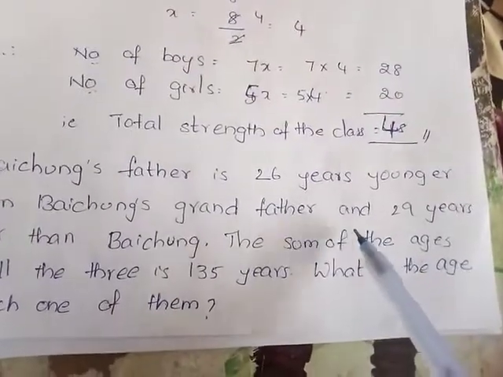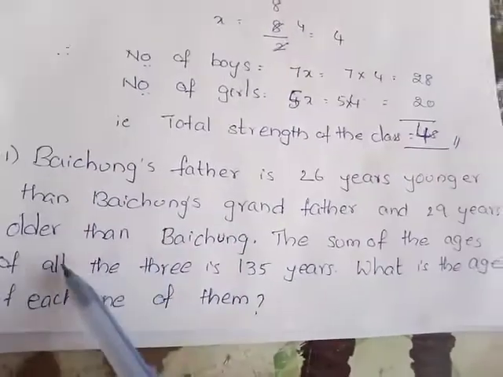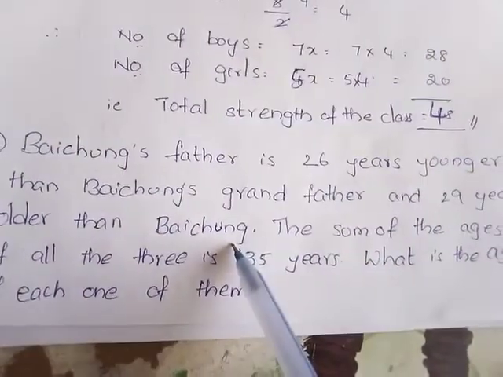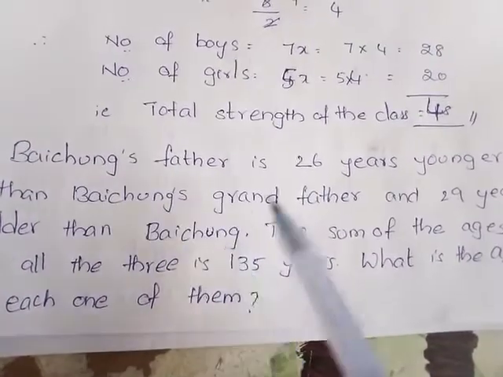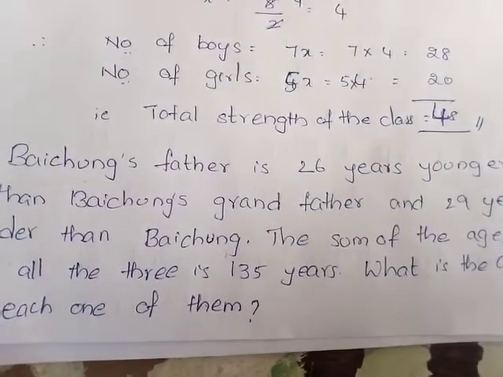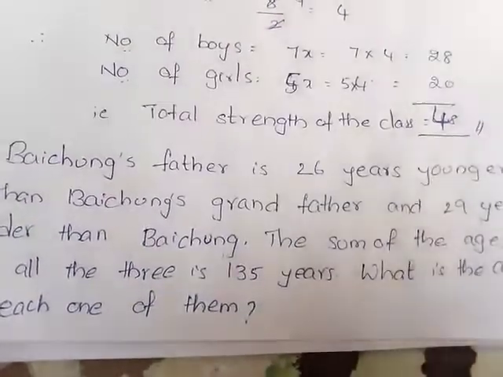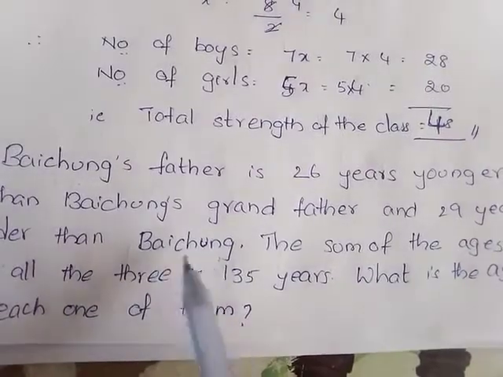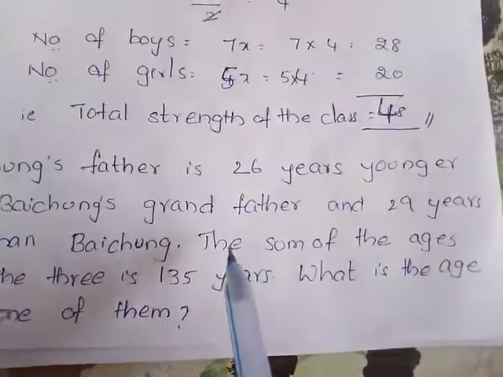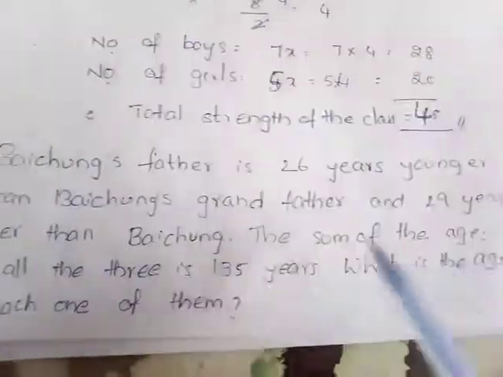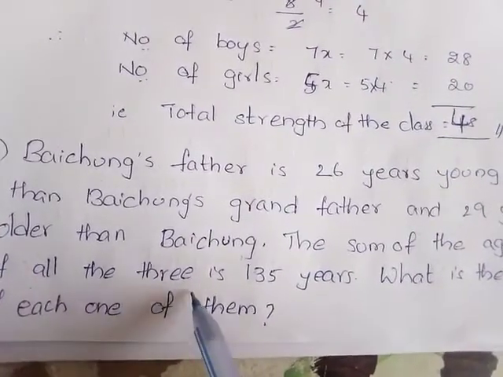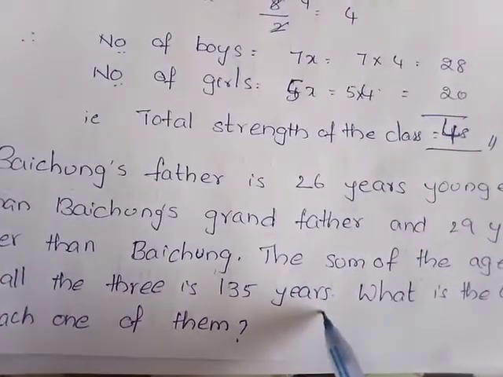Come to the second line: and 29 years older than Baichung. It's common because fathers are older than children. So now we want the age of Baichung. Next, what is given? The sum of the ages of all three is 135 years.